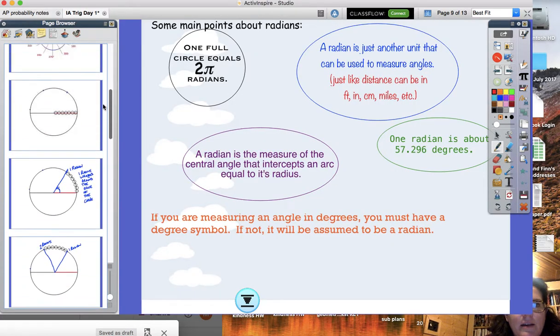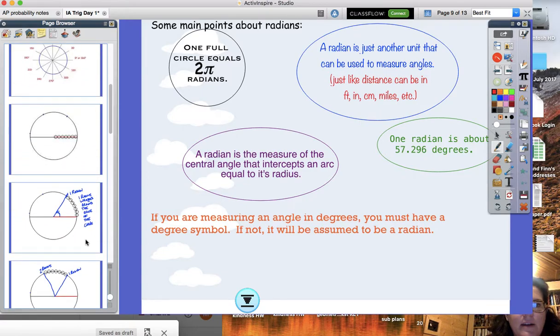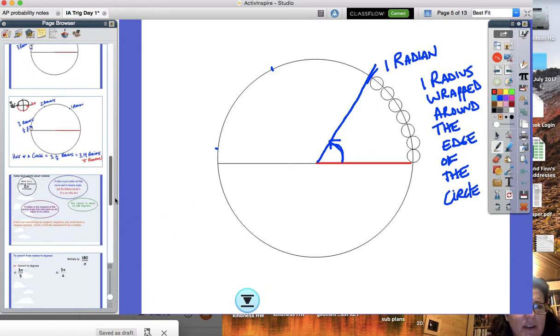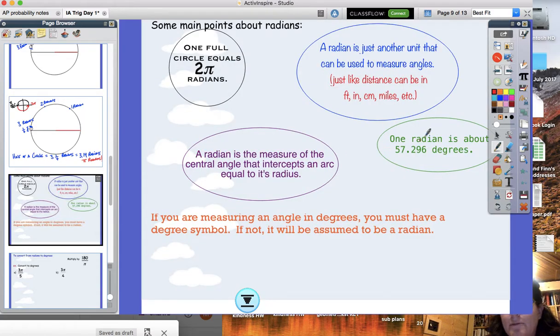Now, back up here. When we measured out 1 radian, remember how I said to estimate how big of an angle you think that is? A lot of people will probably estimate about 60 degrees, and you would be very close. 1 radian is about 57.296 degrees, so a little bit under 60 degrees.